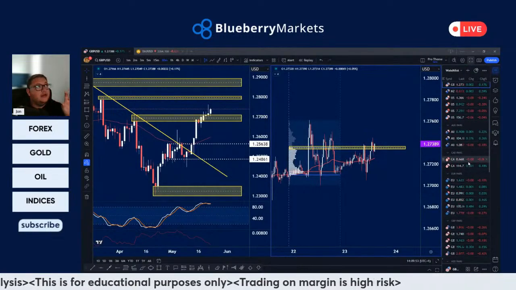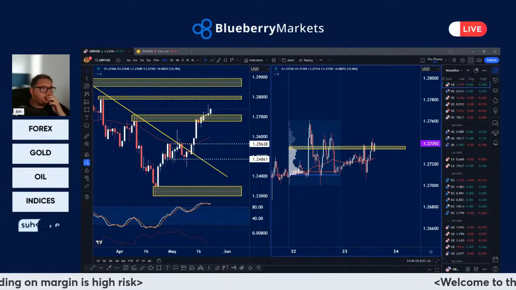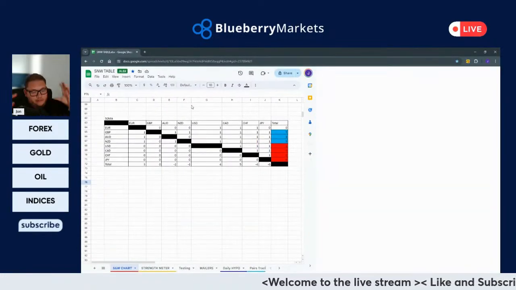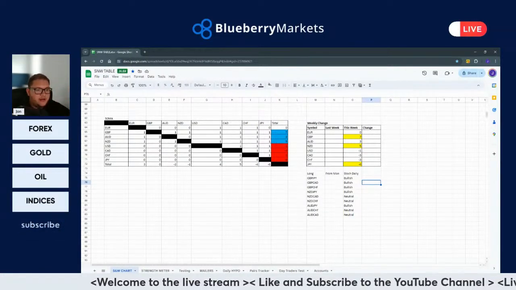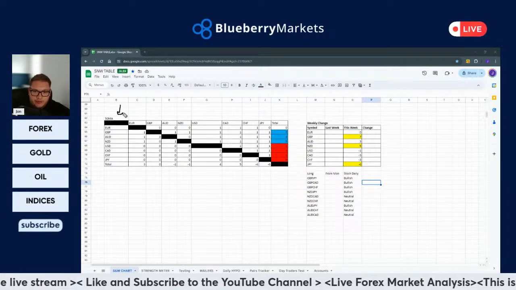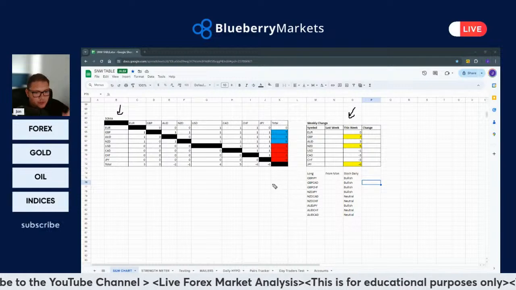And I had a comment on one of the currency strength meters. The way the currency strength meter works at the moment, it's worked off of trend. We have this scoring system here, and we take a look at the weekly change within the currencies.